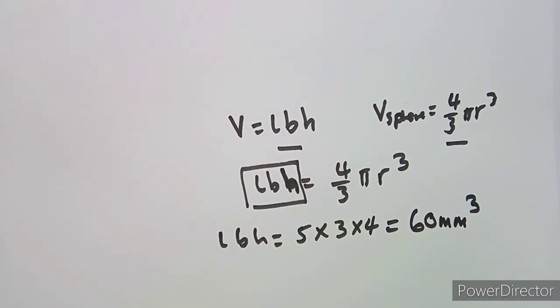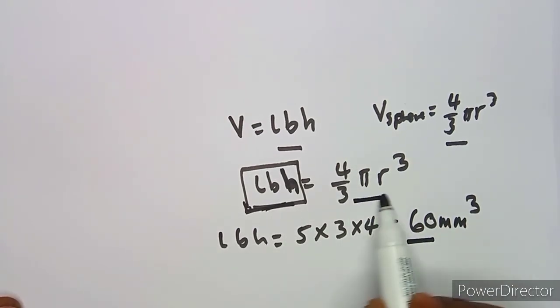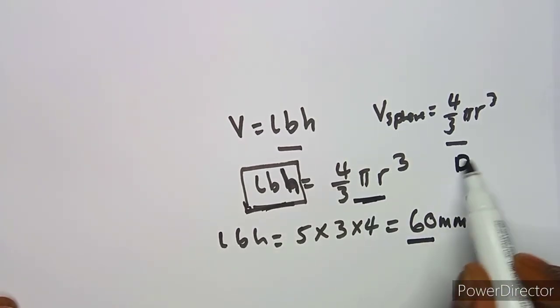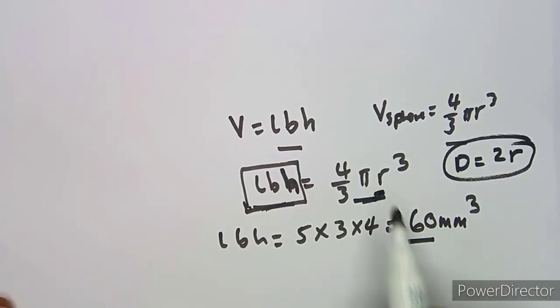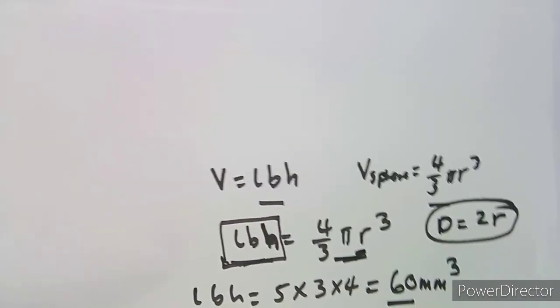We are saying that the volume of the rectangular prism is equal to the volume of the sphere. Since we want the diameter, we know that diameter is 2 times radius, so we are going to calculate the radius first, then we can calculate the diameter.